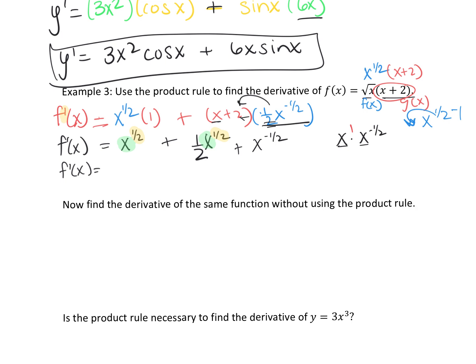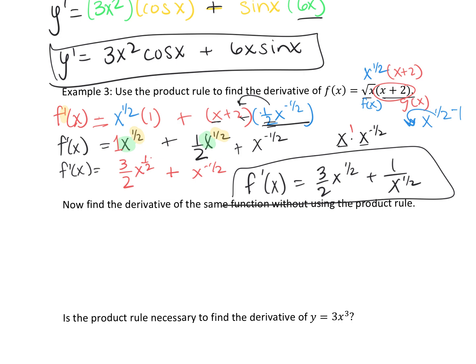So I have a 1 here, so 1 plus 1/2 is actually 3/2 x to the 1/2, and that doesn't change, plus x to the negative 1/2. And so now any negative exponents must be moved. So 3/2 x to the 1/2 plus 1 over x to the 1/2.